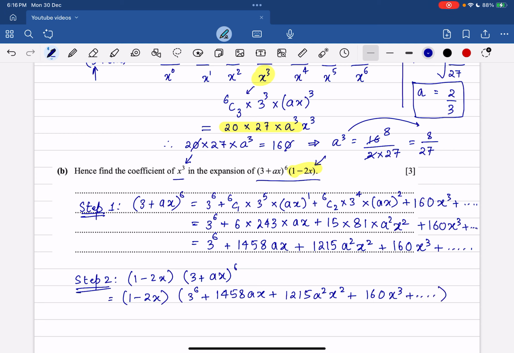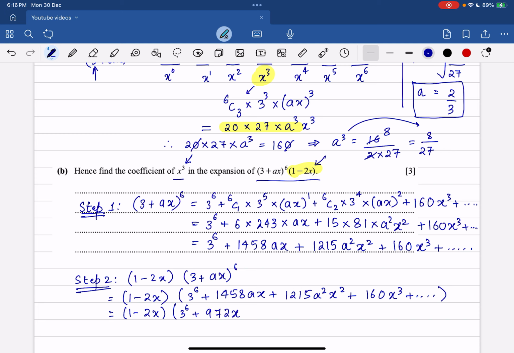Good part is we already know the value of a. Can we not substitute and directly find out what is the expansion over here instead of a? We could do the expansion. 1458 times 2 by 3 gives me 972.